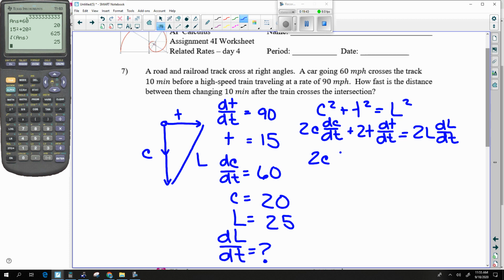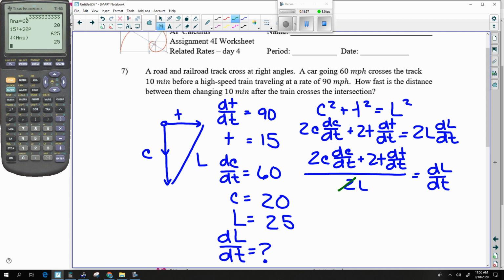So this is, again, 2c dc/dt plus 2t dt/dt equals 2L dL/dt, and let's simplify it too.